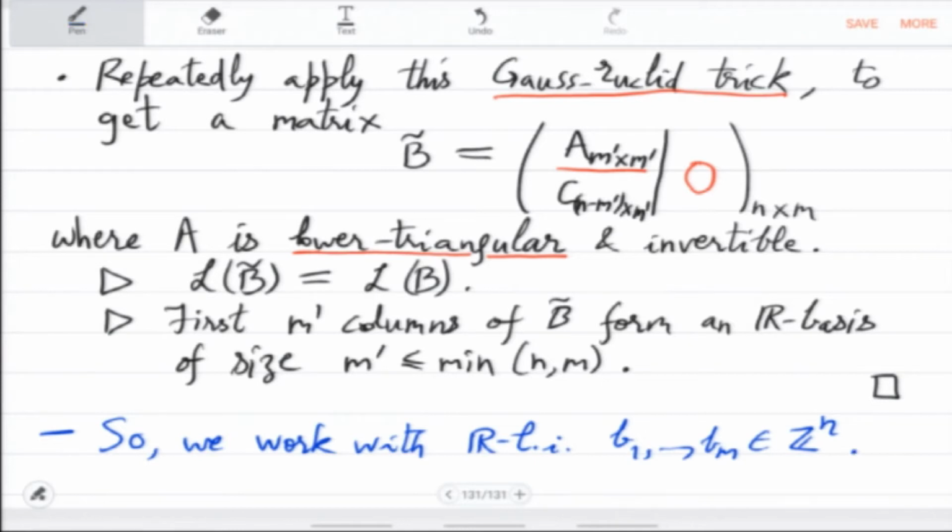Okay, so now we will actually revise some linear algebra. Given a basis of a real vector space, you can find another basis by linear transformations.